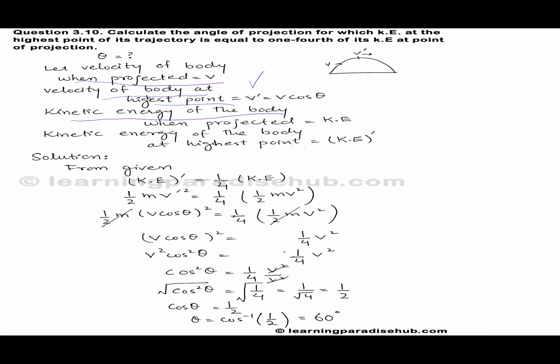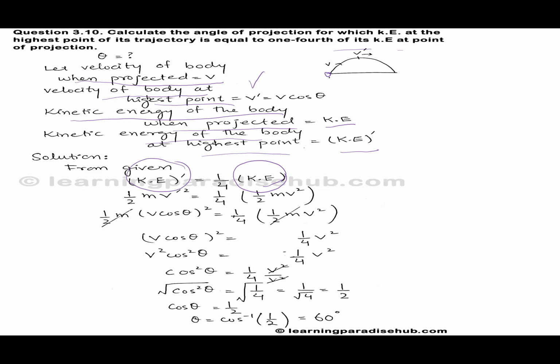Kinetic energy of the body when projected is Ke. Kinetic energy of the body at the highest point is Ke prime. This is written only. From the given condition, kinetic energy at the highest point of its trajectory is equal to 1/4 of its kinetic energy at the point of projection. This is the initial kinetic energy, and this is the final kinetic energy.